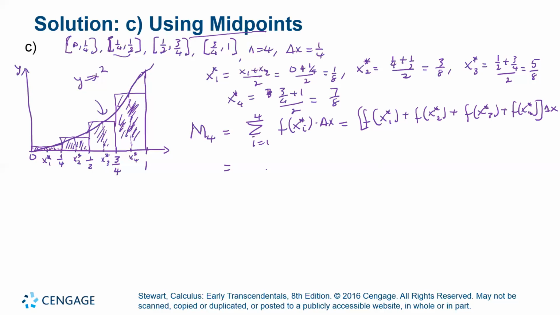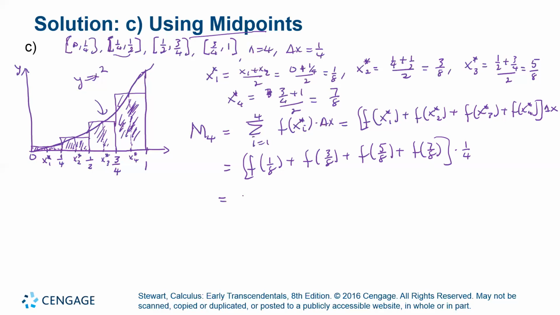Okay, so this means f of 1/8 plus f of 3/8 plus f of 5/8 plus f of 7/8, everything evaluated times delta x, which is 1/4.